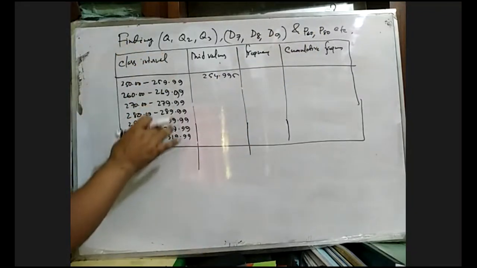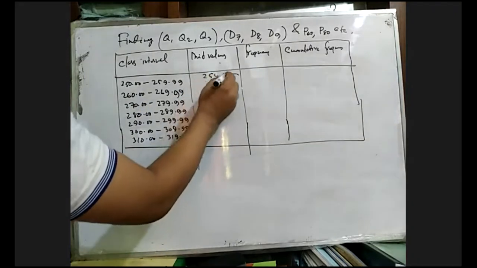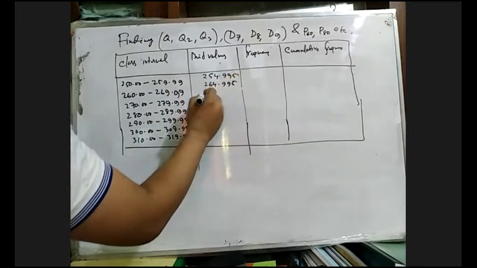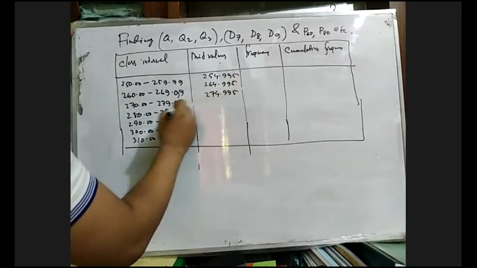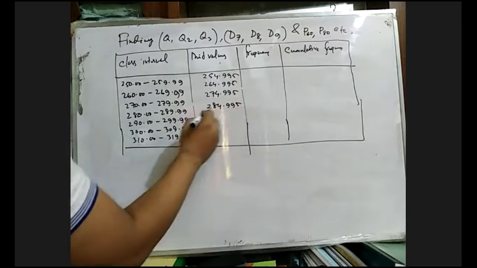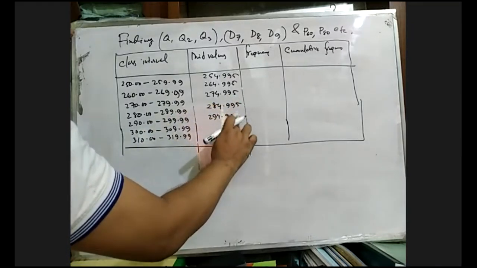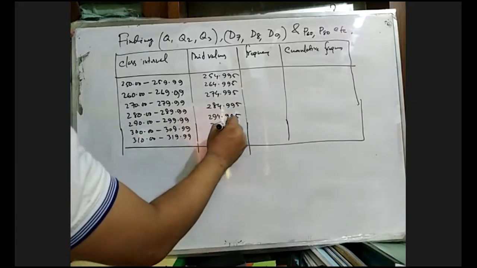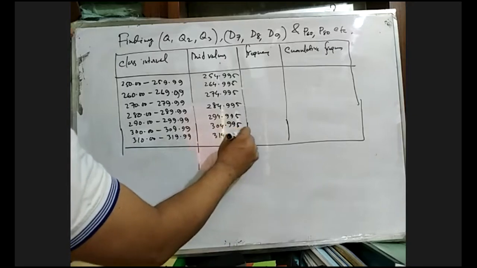first of all, you have to take the class intervals, then the mid values. Mid values will be 254.995, then 264.995, then 274.995, and 284.995, 294.995, then 304.995, then 314.995.